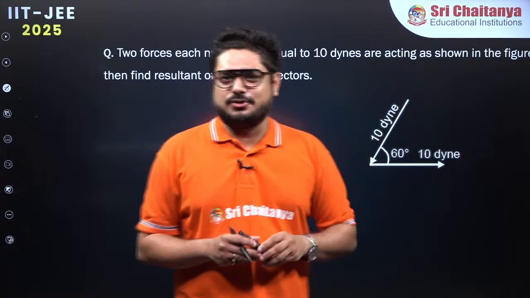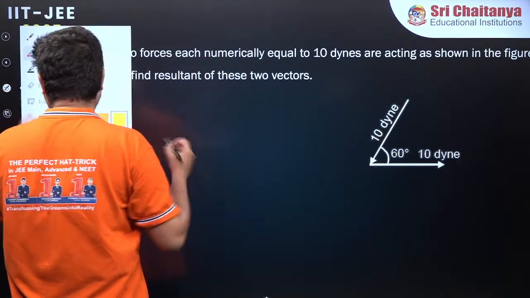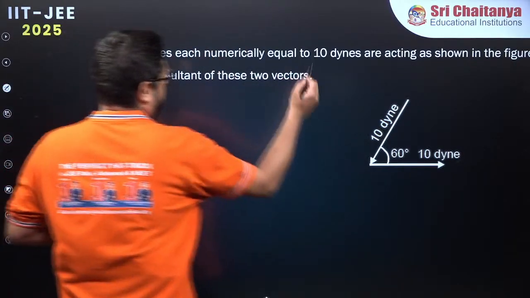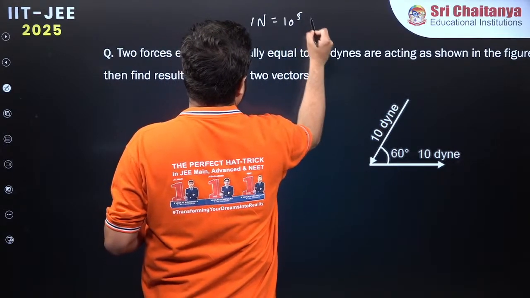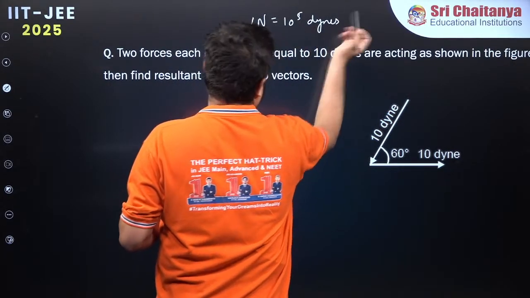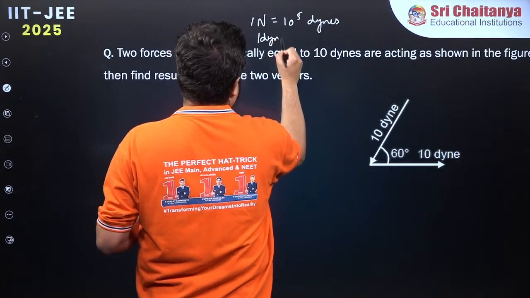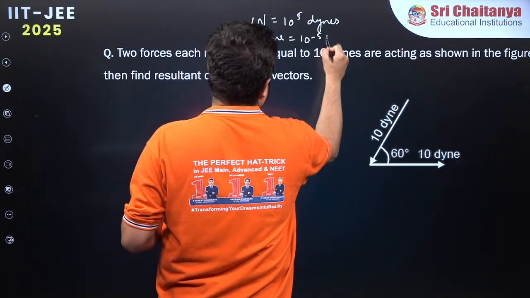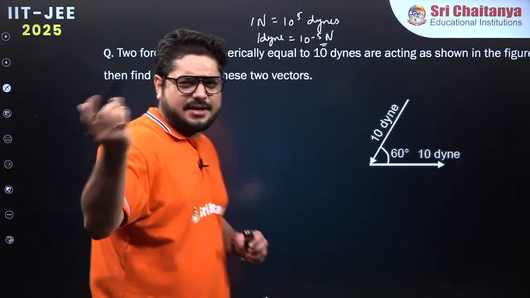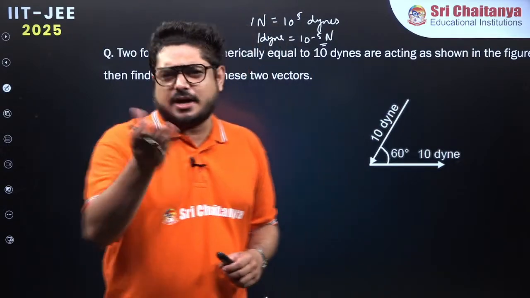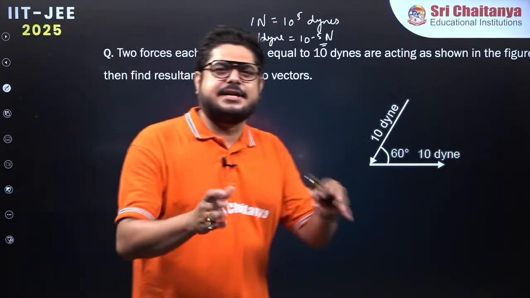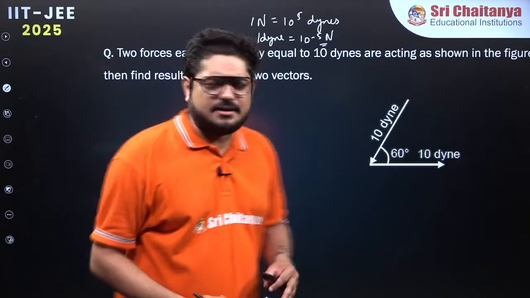If you really want to convert dynes into newtons, you know that 1 newton is going to be equivalent to 10 to the power 5 dynes, isn't it? So 1 dyne is going to be equivalent to 10 to the power minus 5 newtons. We will discuss this thing in units and dimensions. It's a part of your bridge course curriculum itself. So you need to convert it later on, but I want the answer in dynes itself. So what needs to be done?